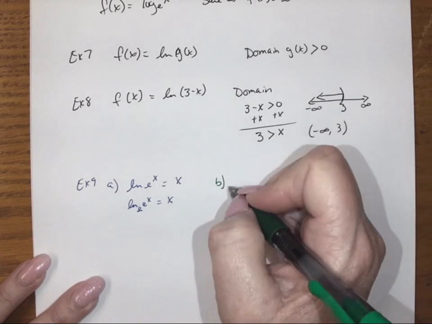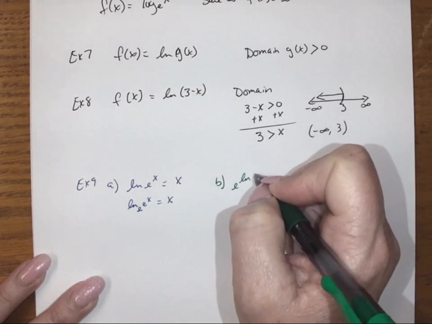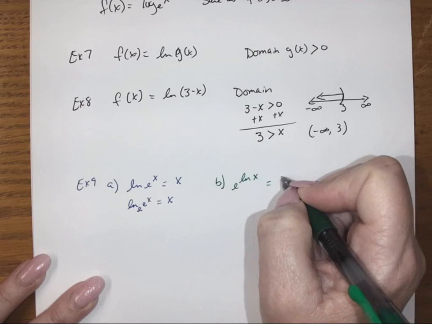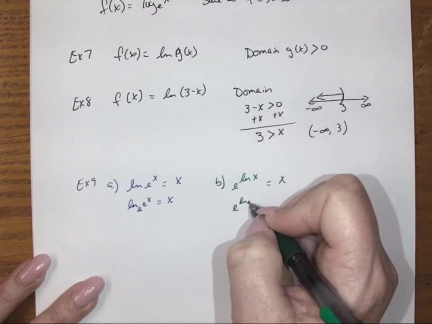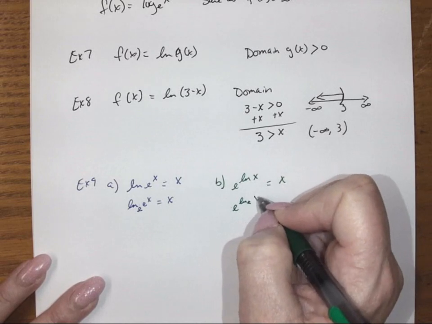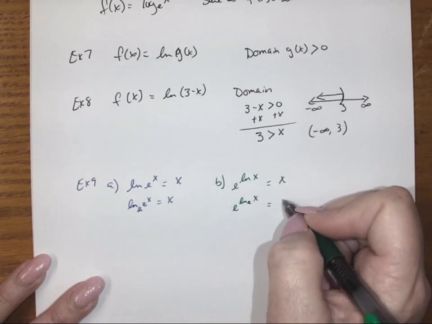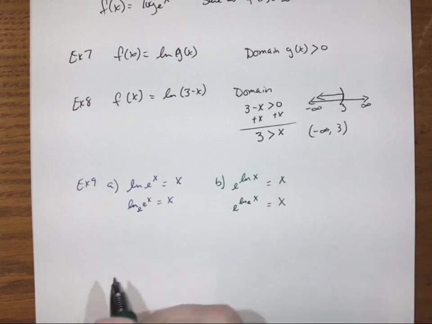Part B, we have e to the ln of x, which will be equal to x, because it's e to the ln, which has the base of e, of x, which then those will undo and you'll have x.